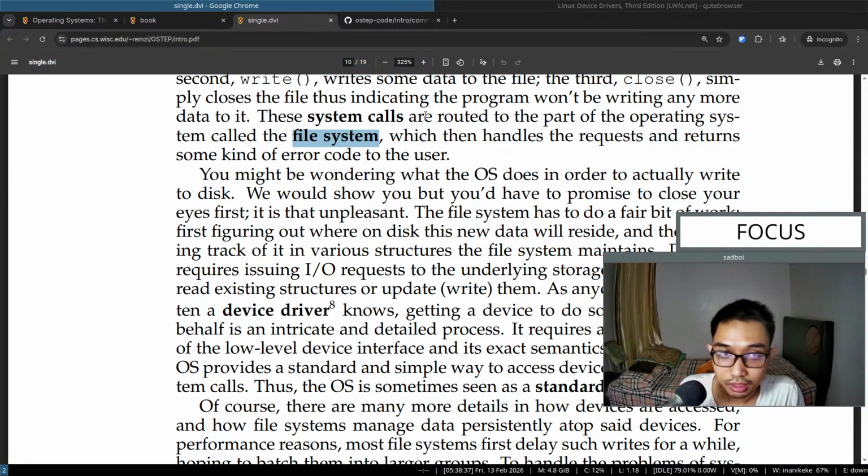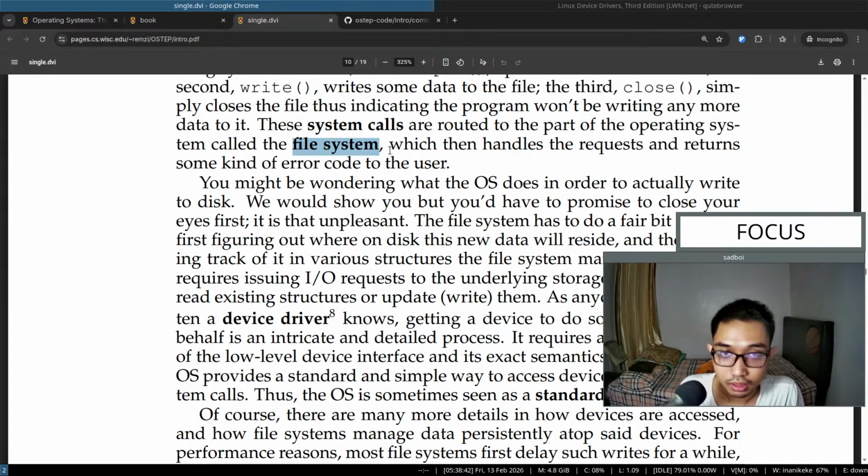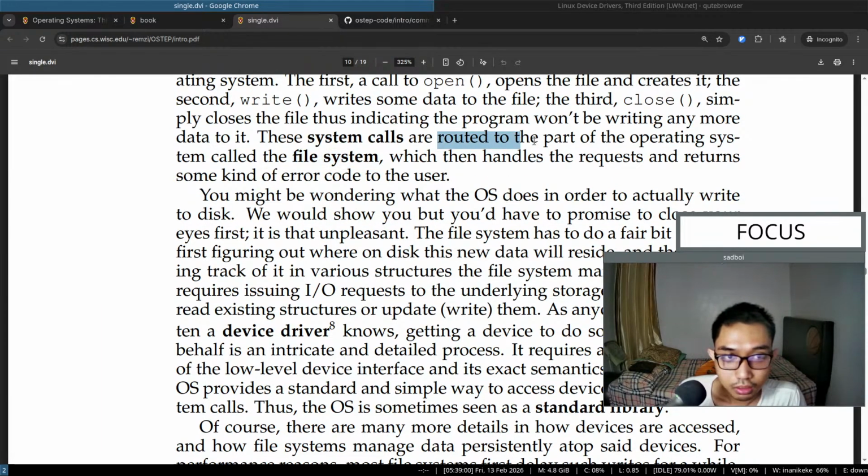The system call is routed to the part of the operating system called the file system, which then handles the request and returns some kind of error code to the user.